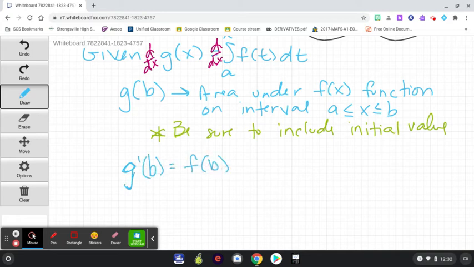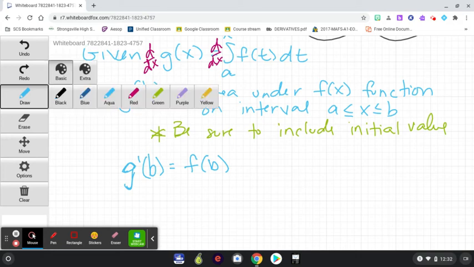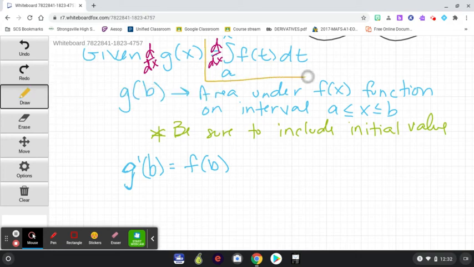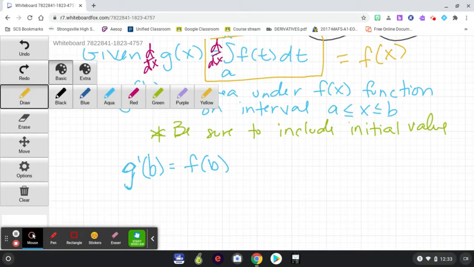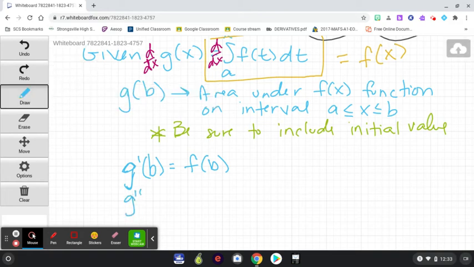We said fundamental theorem of calculus states that the derivative of a definite integral, that's this right here, is equal to the function that I'm taking the definite integral of, and in that process, x replaces the t. Okay, so if I'm evaluating g prime of a number, that's equal to f of that number. And similarly, if I take the derivative of both sides again, then the second derivative of g at a number is equal to the first derivative of f at that number.